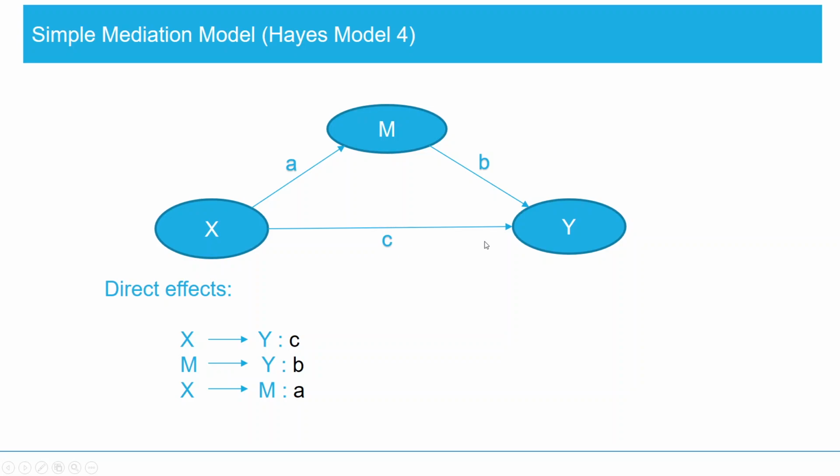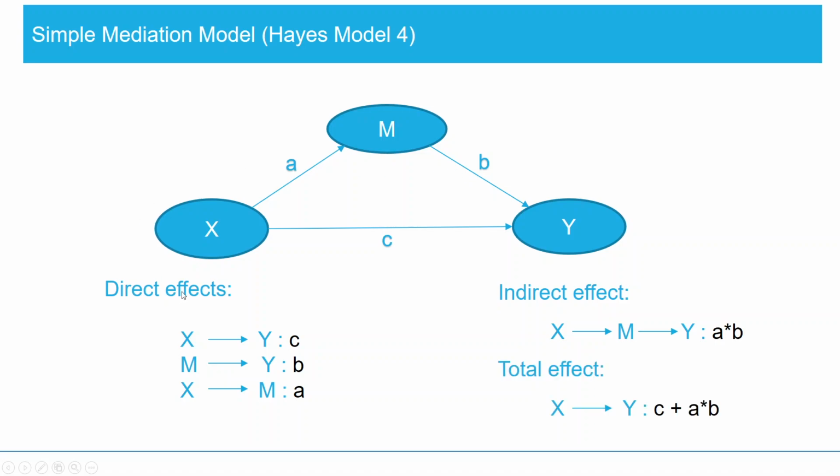X has a direct effect of C on Y. Similarly, X has a direct effect of A on M, and M has a direct effect of B on Y. In addition to that, X has an indirect effect on Y through M, which is calculated as the multiplication of path A and path B. Further, X has a total effect on Y, which is nothing but the summation of the direct and indirect effect.